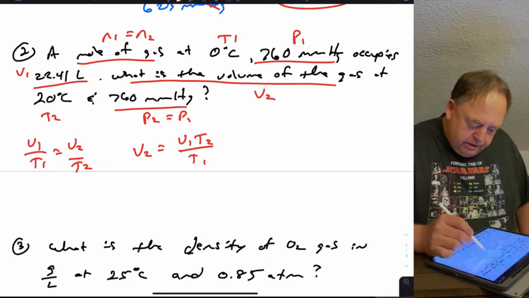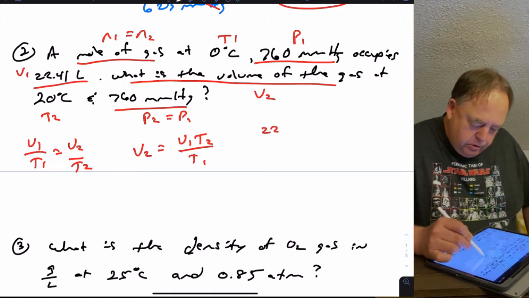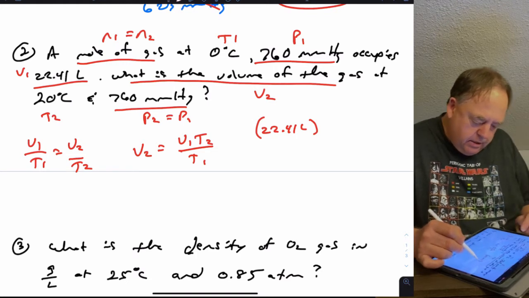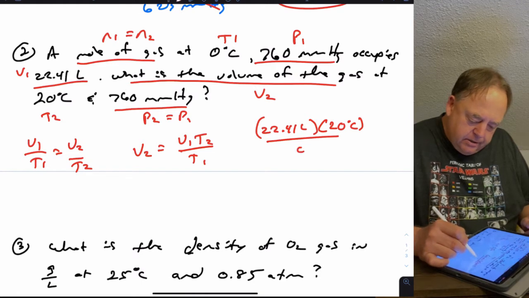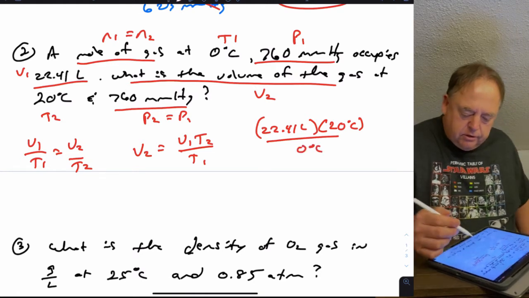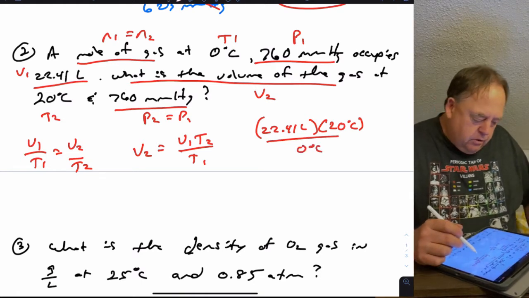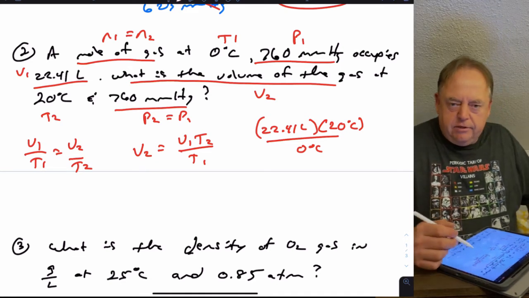A common mistake students make is to say, okay, V1 is 22.41 liters, T2 is 20 degrees Celsius, and T1 is 0 degrees Celsius, and then try to solve that. Well, there are a couple of problems here. First of all, you can't divide by 0.